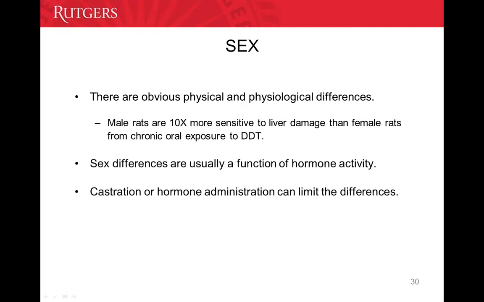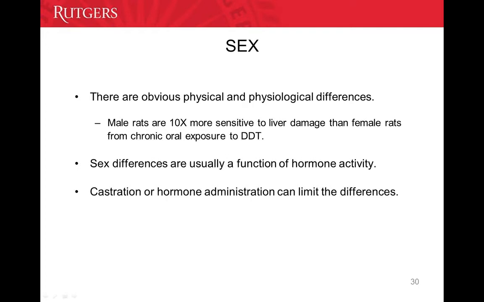Sex has a role in whether something is toxic or not. As an example, male rats are 10 times more sensitive to liver damage than female rats from chronic oral exposure to DDT. So to translate that, if we fed male and female rats the DDT, we would see much higher rates of liver damage in the males. It's an androgen-mediated effect.